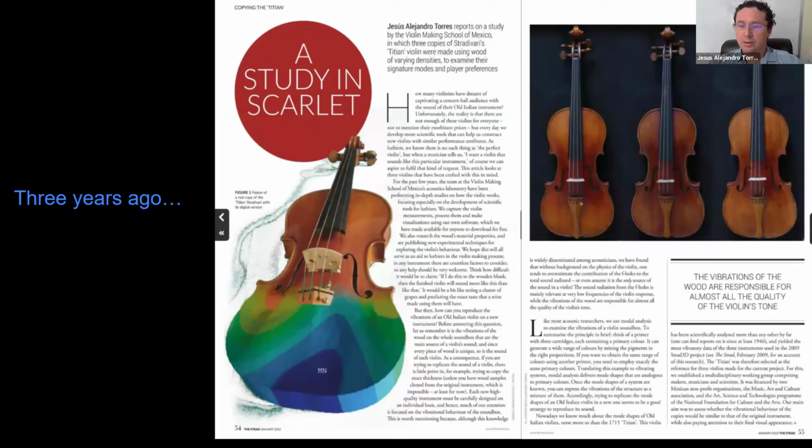Several people contacted us to ask for the codes, the papers, and questions, including the editor of the Strad magazine. He invited us to write a small paper about the project, about making violins using the scientific data available in the Strad 3D project.